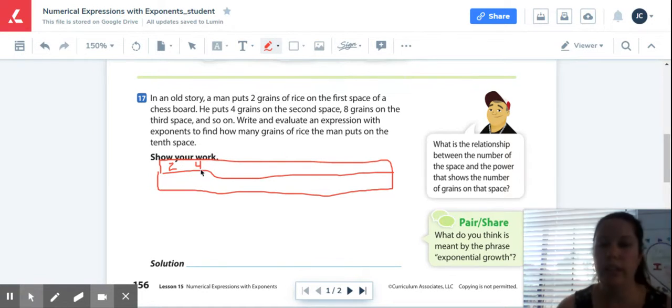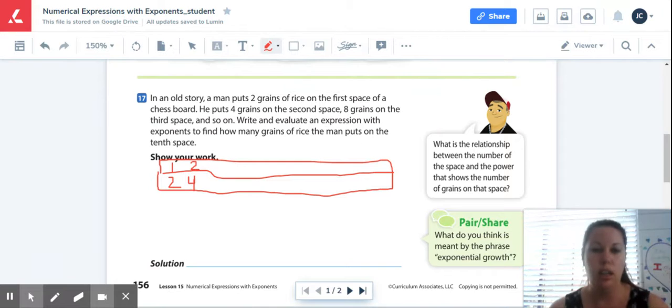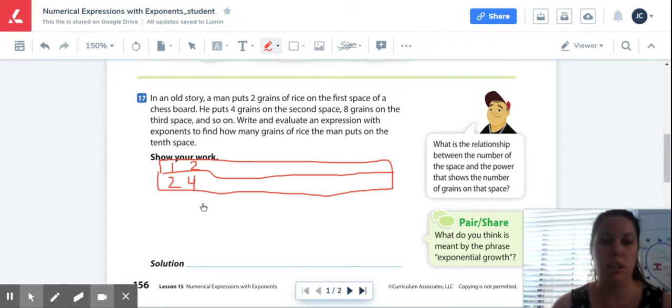Oh, nope, I had it right the first time. Sorry, sometimes you have to reread. Space 1 on the chessboard is 2 grains of rice. Space 2 on the chessboard is 4 grains of rice. Sometimes you just have to reread to make sure that you have all the information and that you're getting that correct. Okay, and then it says 8 grains of rice on the third space.